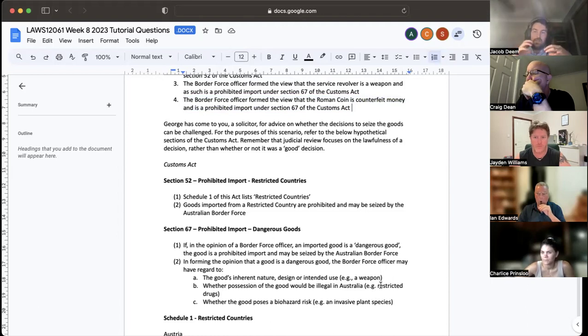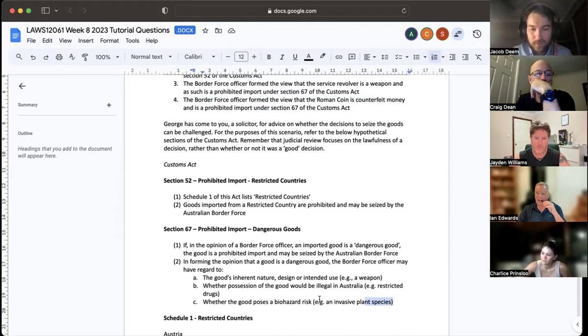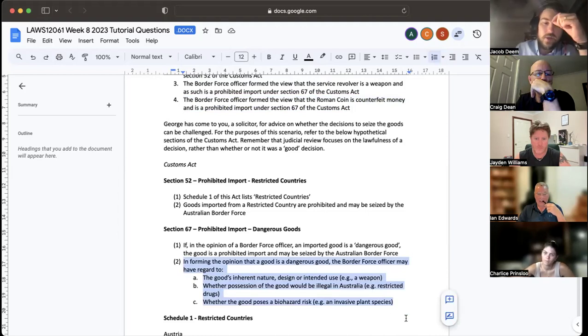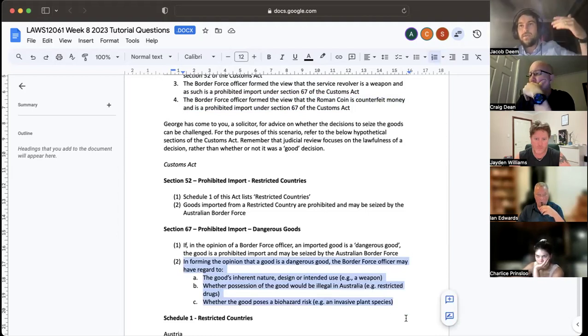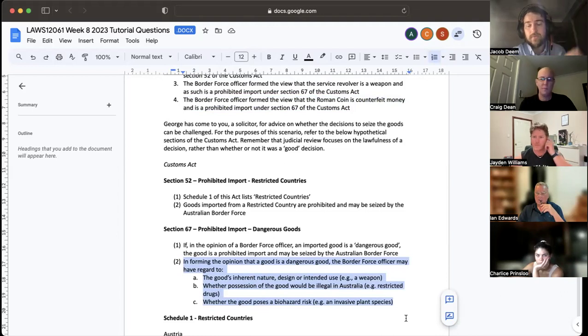But the key point being, it's still open to us to say, look, you made a mistake under subsection 2 of section 67. There are issues with the way that you went about deciding that it's a dangerous good, and we can attack and review from those angles.